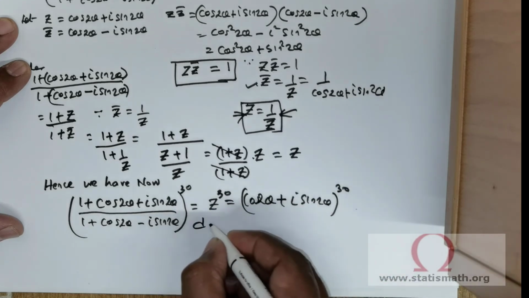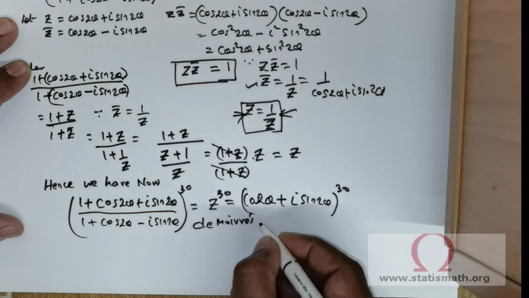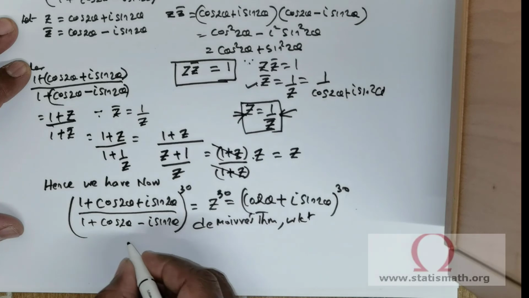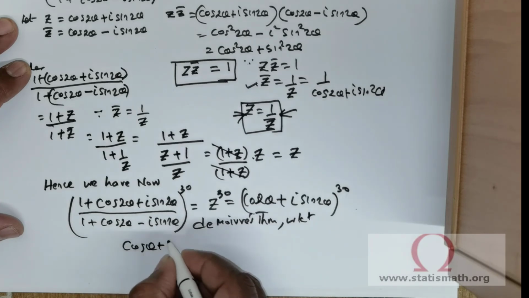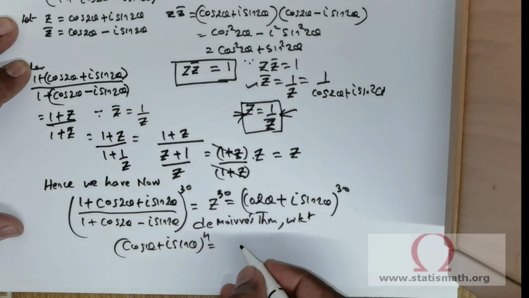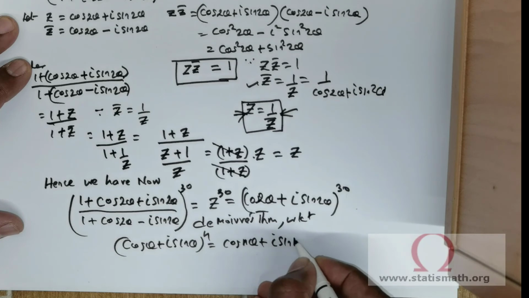But by De Moivre's theorem, what do we know? We know that (cos θ + i sin θ) raised to the power n is equal to cos nθ + i sin nθ.